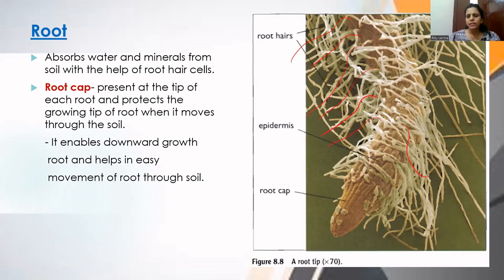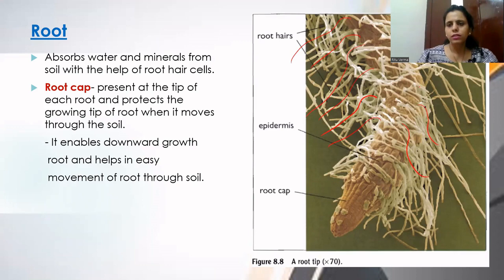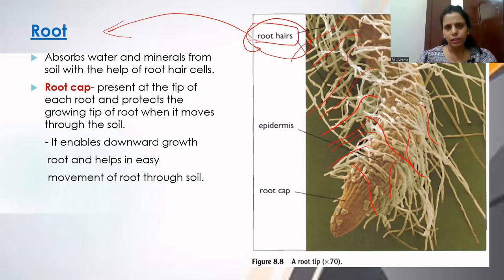These minute hair-like structures are known as root hairs, and root hair is a very important part of the root, because root hair helps in the absorption of water and minerals from the soil for the plant.